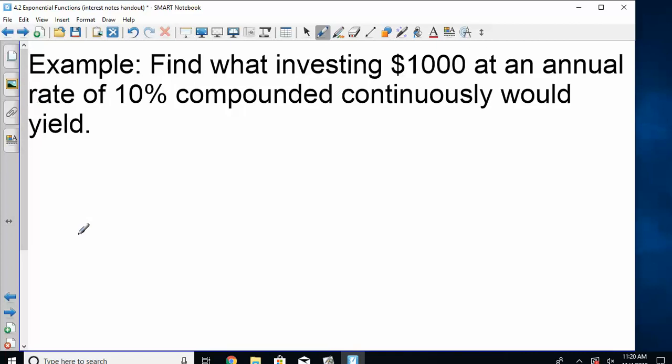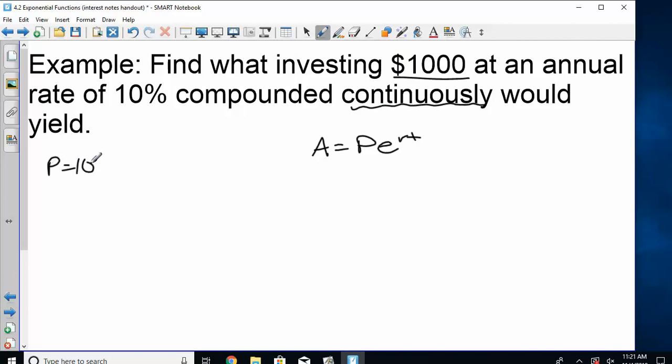Find what investing $1,000 at an annual rate of 10% compounded continuously would yield. As soon as you see this word continuously, that tells you you are using the second formula. A equals P e to the RT power. What does this 1,000 represent?